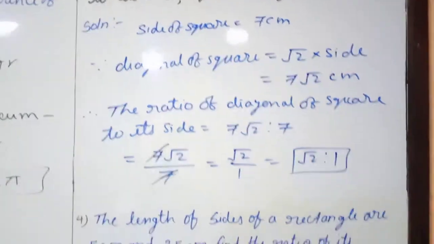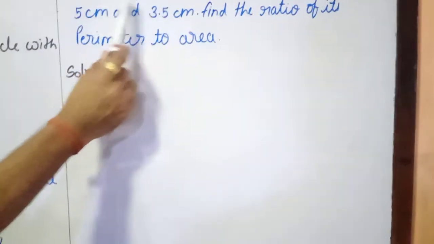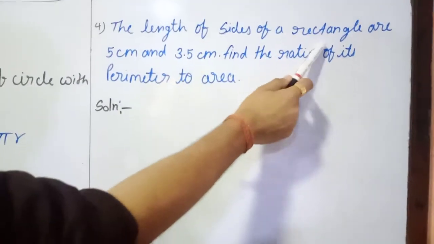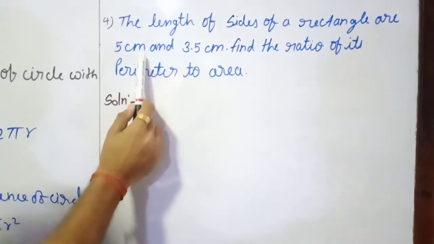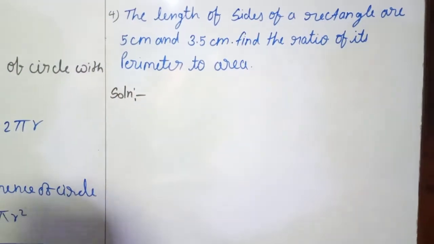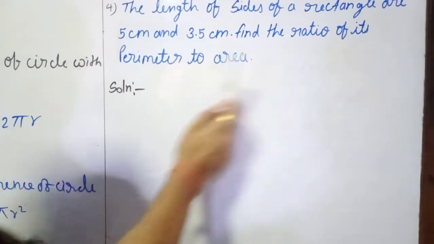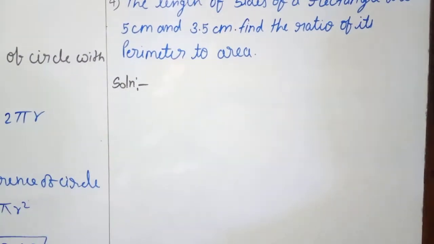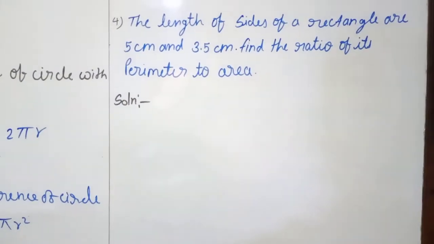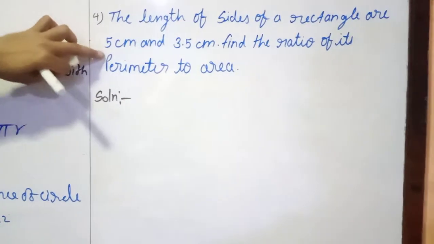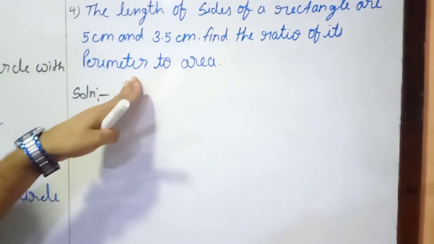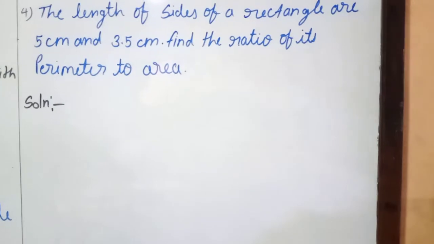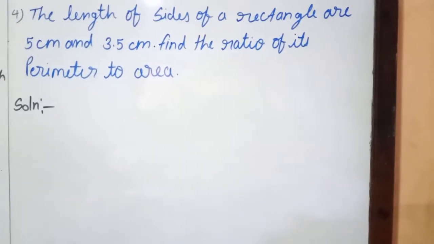Come to the fourth sub-question, that is, length of sides of a rectangle are 5 cm and 3.5 cm. Find the ratio of its perimeter to area. So if we have both the sides of the rectangle and we want to find out the ratio of its perimeter and area, first we have to find out the perimeter.